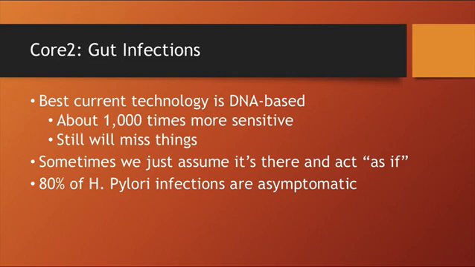About 50% of the world's population at any given time has this infection, but 80% of the people with this infection are asymptomatic. Now, there's a connection between H. pylori and stomach ulcers. There's also a connection between H. pylori, chronic gut inflammation, and over time, the development of inflammatory bowel disorders and even worse, stomach cancer.